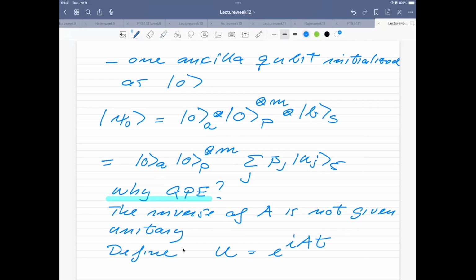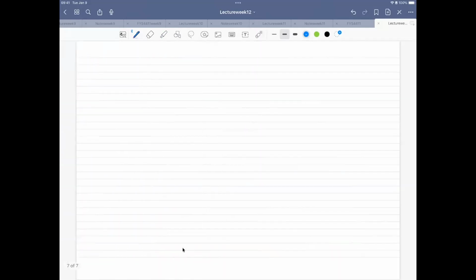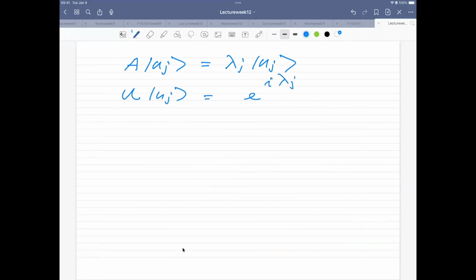So if we do that, then when we know that we have defined A to have eigenstates u of j and eigenvalues lambda of j, that means that if I act with U on u of j, this is going to be the same as e to the power i lambda j times t multiplied with u of j.